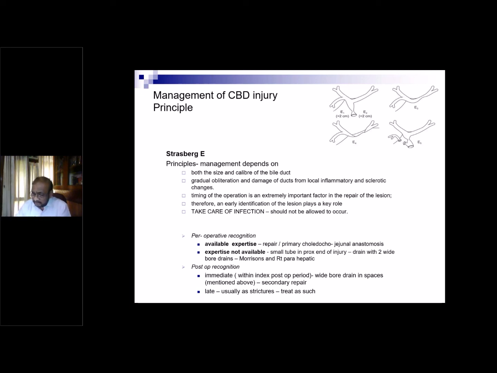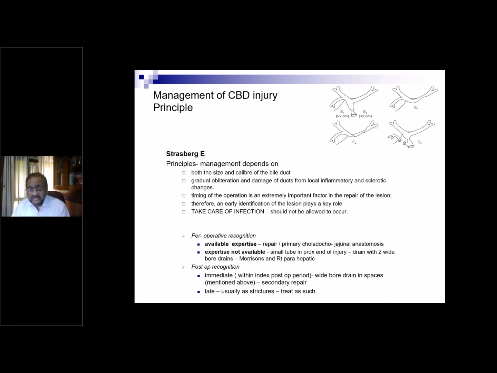And along with that, two very important things. The widest bore drains, two of them, one in the Morrison's pouch and one in the right parahepatic. Remember that. Very important. Size 32, which is an adequate size drainage tube. What is that going to ensure? A proper evacuation of all collections. That's very important.